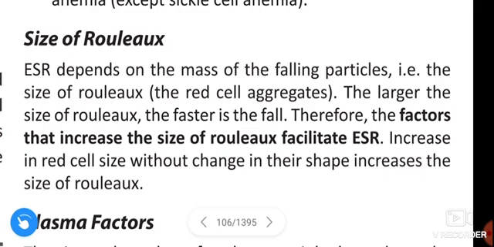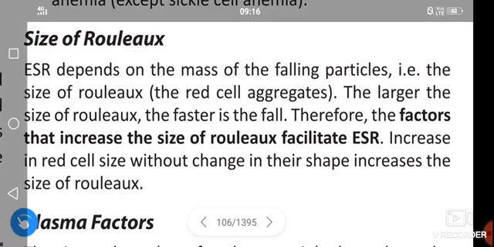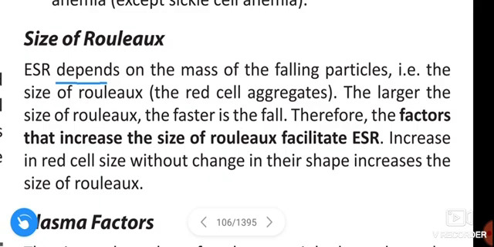Once again, erythrocyte sedimentation rate depends on mass of falling particles. We are now talking only about the size of Rolex. Mass of falling particles is nothing but the size of Rolex.